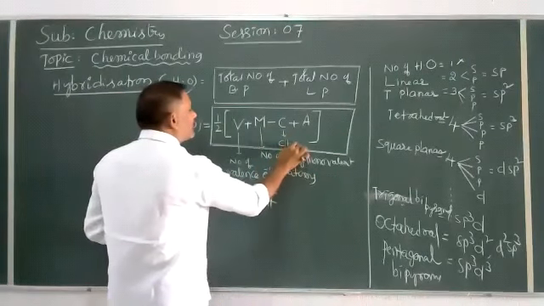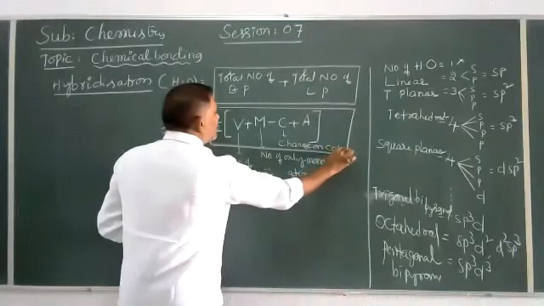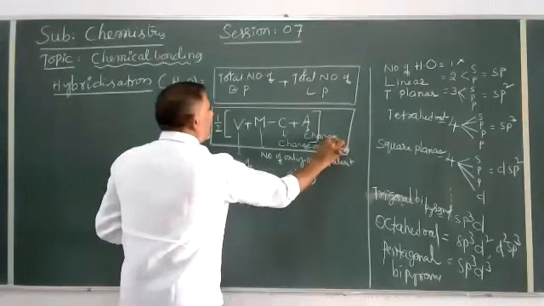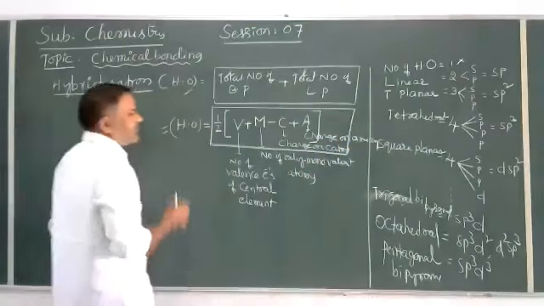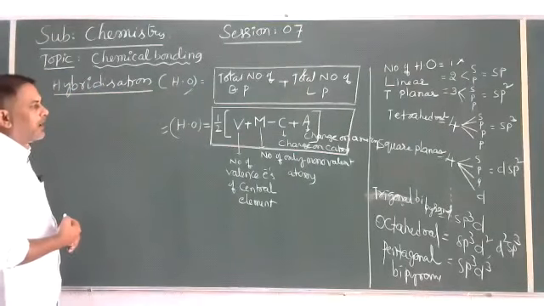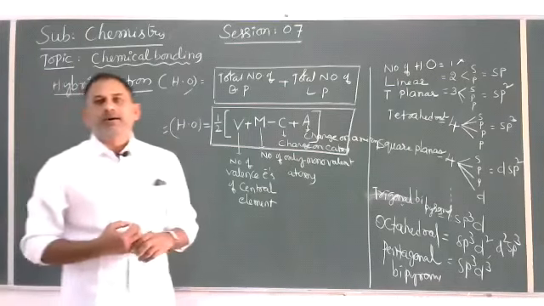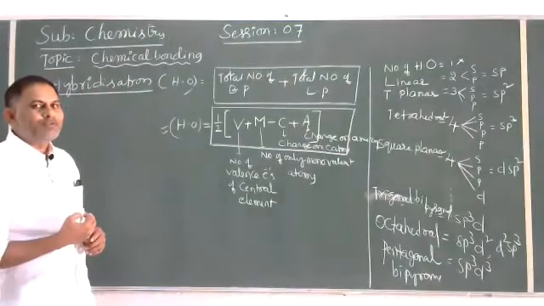C is the charge on the cation, and A is the charge on the anion. If we know this concept, then it is easy to find out. I'll take 3-4 examples: one for a neutral molecule, another for a cation, another for an anion. Hybridization is easy to find out.